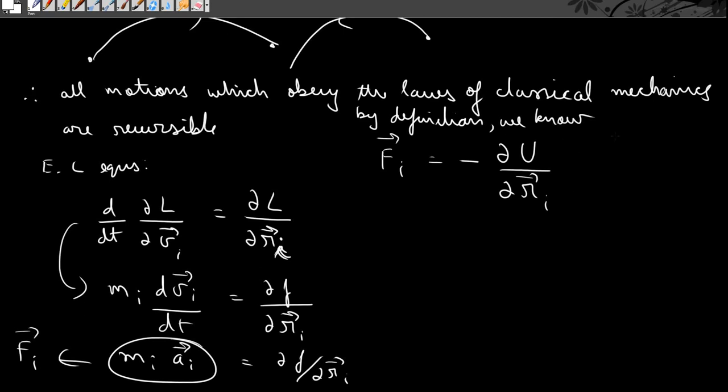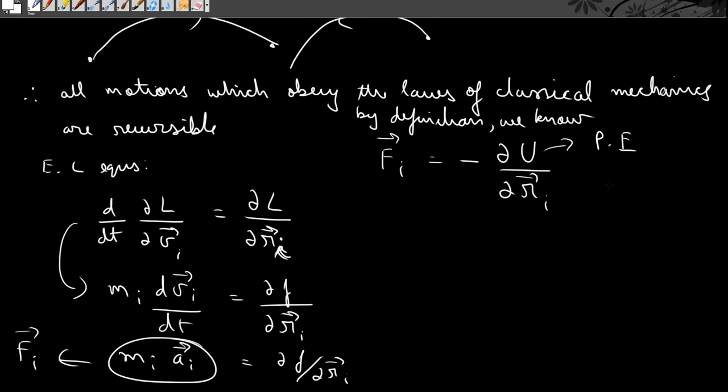So what is this u? This u is actually the potential energy. Okay, so this is by definition. So the force along a particular direction, in this case the force on a particular ith particle, is equal to the negative of the gradient of the potential with respect to the position of the particle.